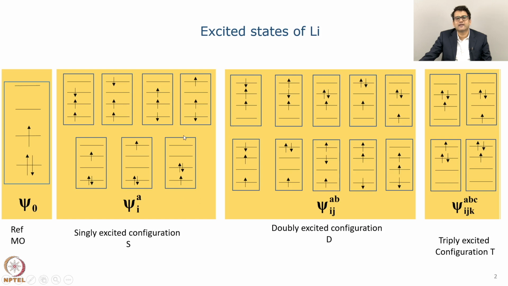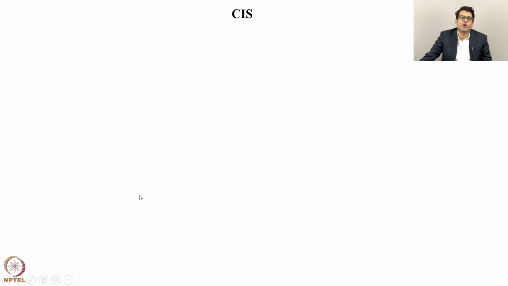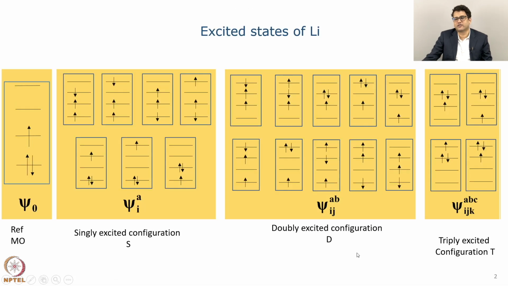Remember, when I say that this is a singly excited state, doubly excited state or triply excited state, most of the time what I mean is that the particular wave function is dominated by single excitation, and the single excitation may not be only one excitation, but a linear combination of all the excitations.